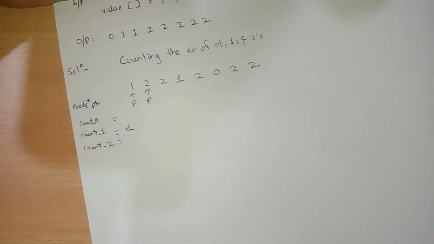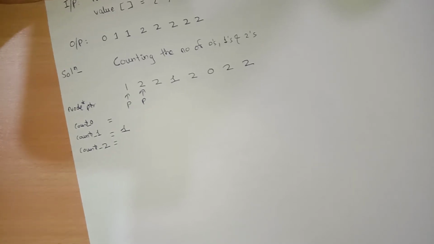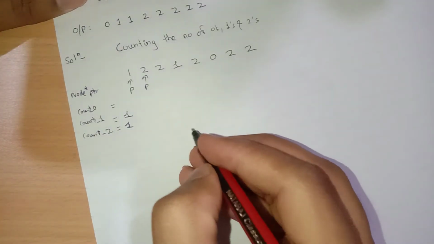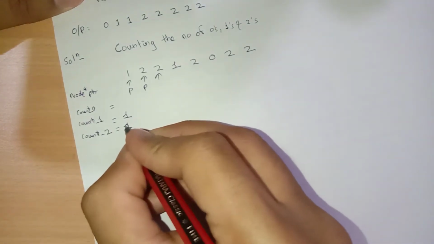Now the node's data is 2, so we will increase the value of count 2. Now again we will traverse to the next node and increase the count.